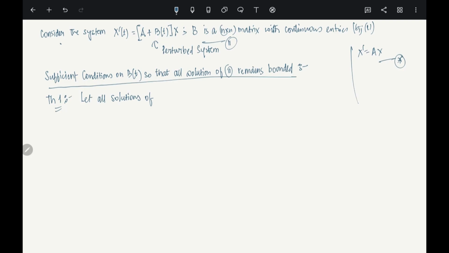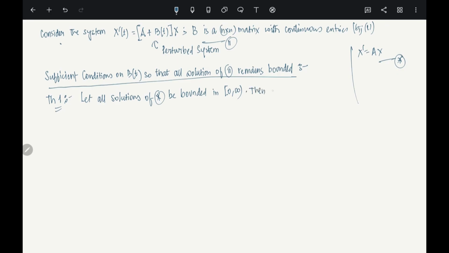So let all solutions of star be bounded in open interval 0 to infinity. We are only looking at t positive, because our goal is to find out what happens as t tends to infinity. You can do the exact same analysis as t tends to minus infinity, by looking at minus infinity to 0. So let all solutions of the differential equation be bounded in 0 to infinity.